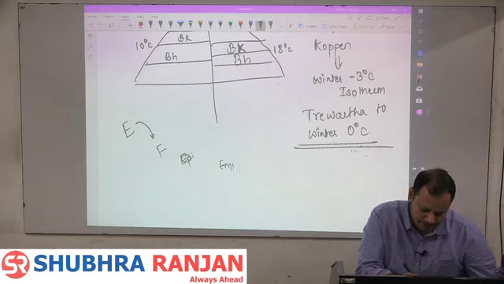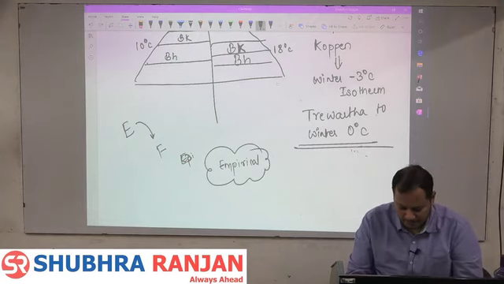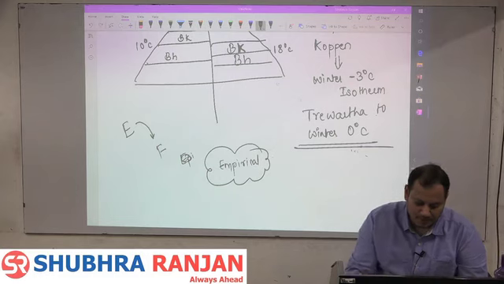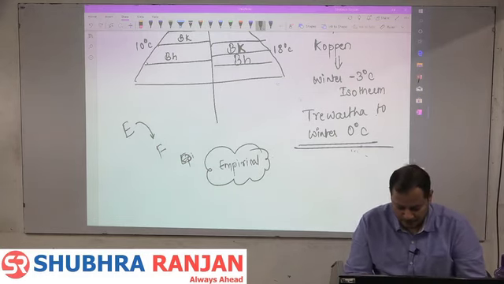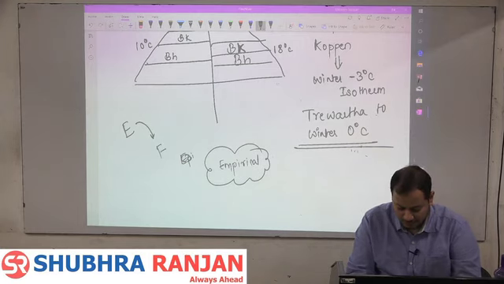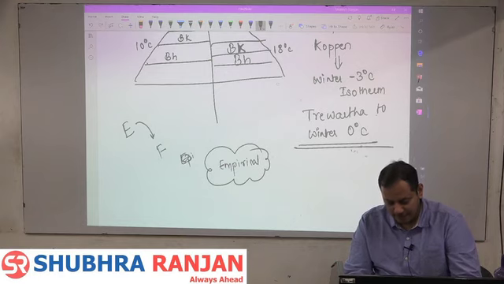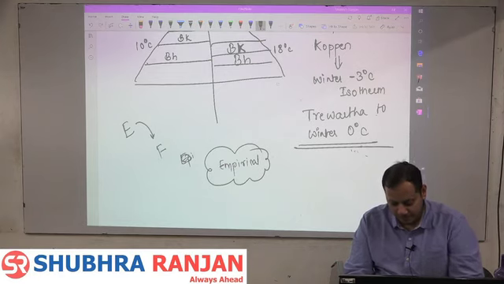But Trewartha's classification, underline this entire statement, is a compromise between purely genetic and empirical classification, full stop.